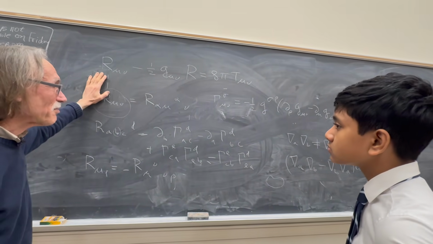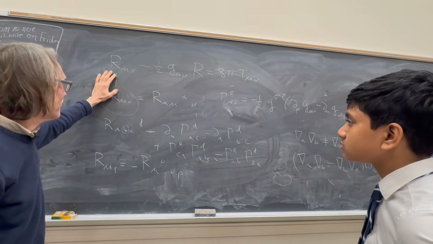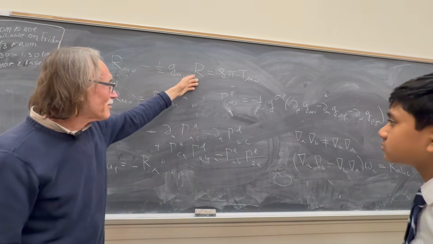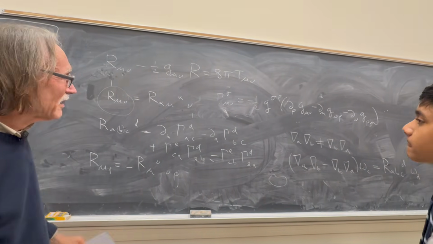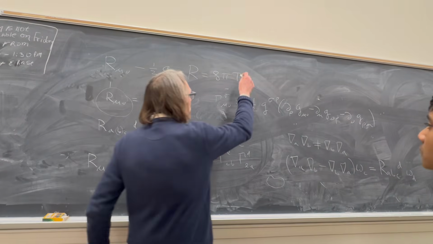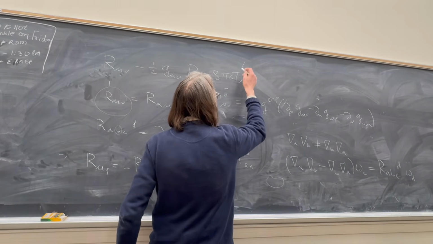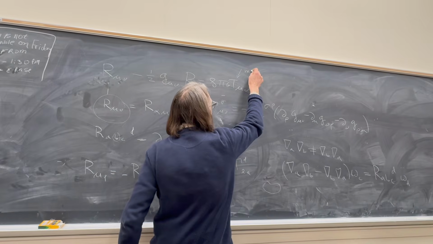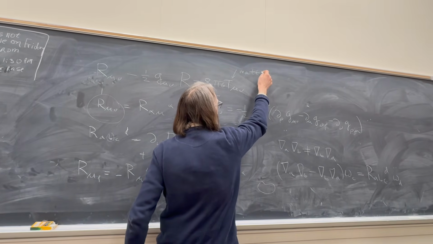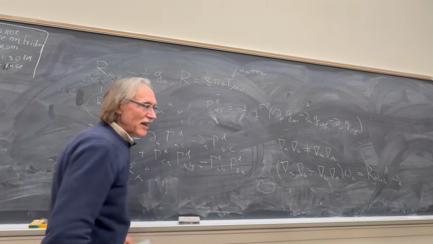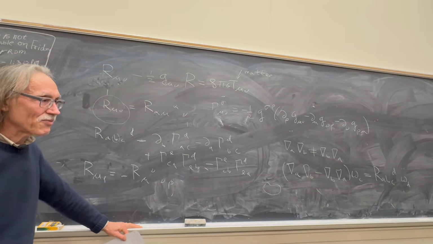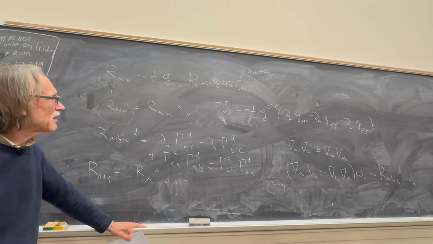You see all these many terms. This has 24 terms, that has 24 terms. This term, there's also the gravitational constant. This term is the matter. Right. That is what has mass.